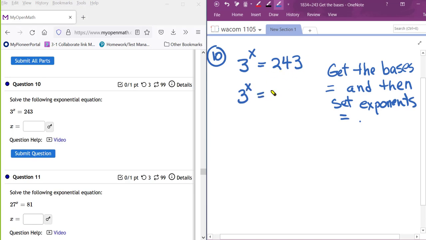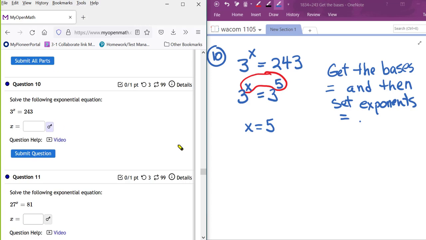This one we're changing to 3 to the 5th. Once the bases are equal, you're allowed to set the exponents equal. And then we're going to be done on this one because x equals 5. Sometimes you'll have some solving to do from there. But basically, that's your rule that you're going to use. And we'll just look at the answer.